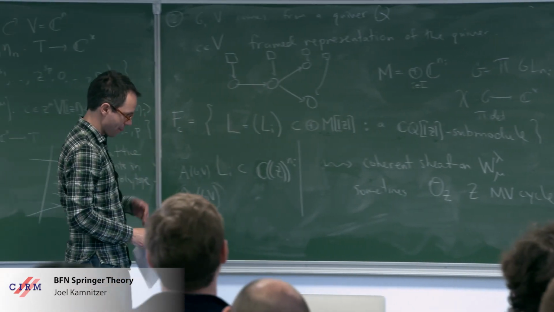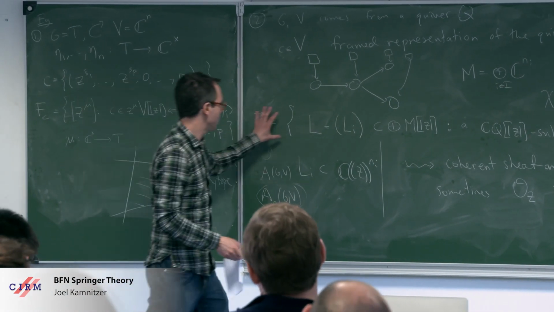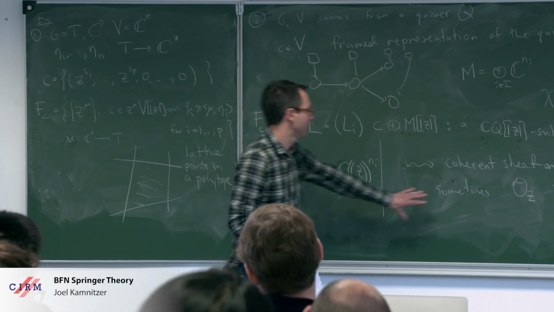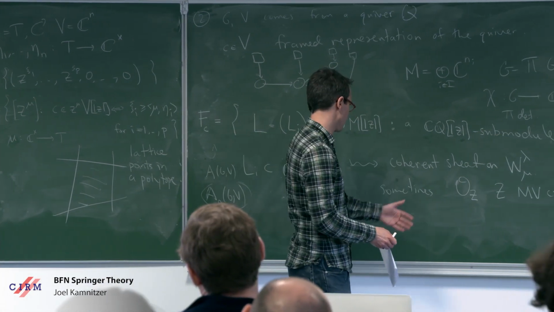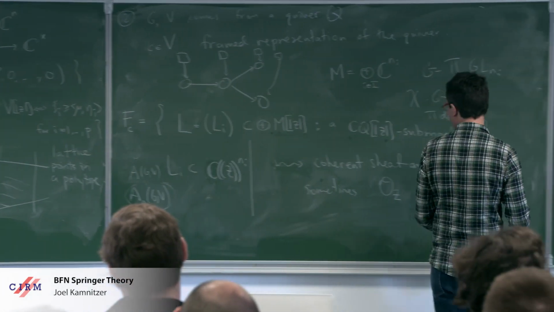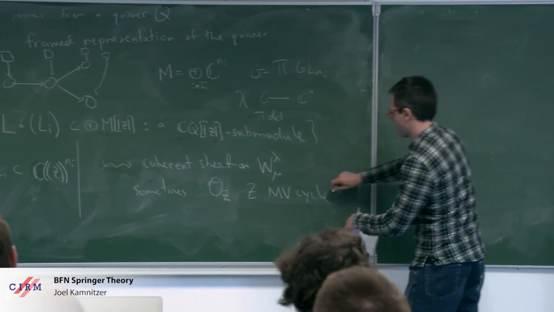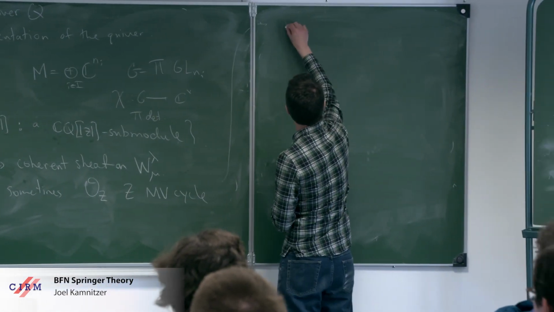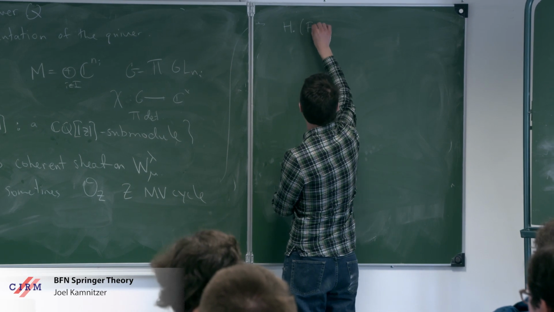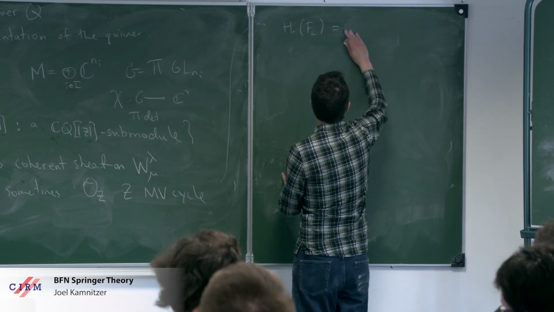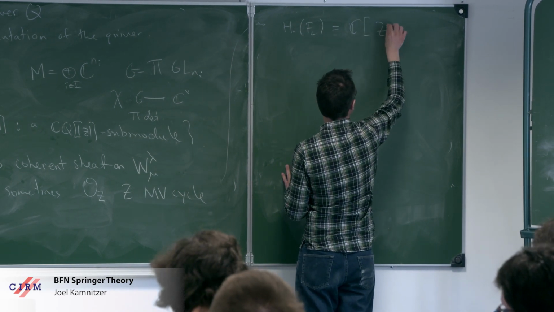And this idea is that homology of a space like this is the functions on some MV cycle. In particular, when this happens, the homology of this FC is a coordinate ring of some open subvariety of some MV cycle.